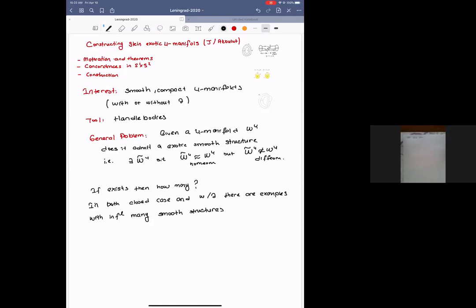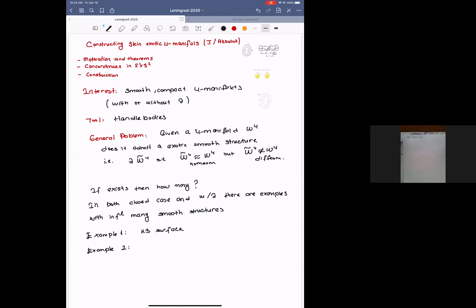And maybe the examples are, for the closed case, you can think about the K3 surface, or sometimes it's known as the Hamiltonian surface. And the second example is the with-boundary case.